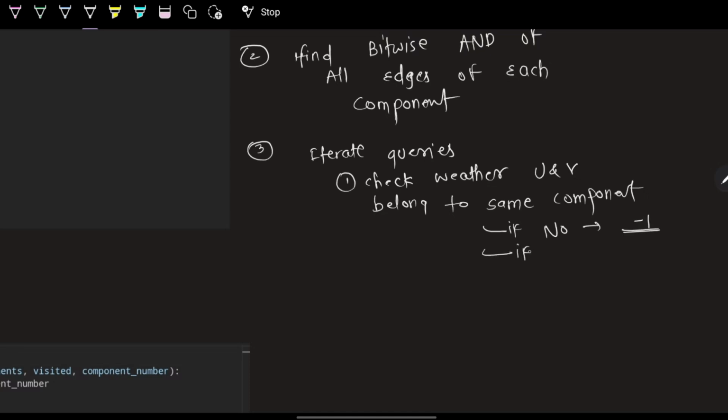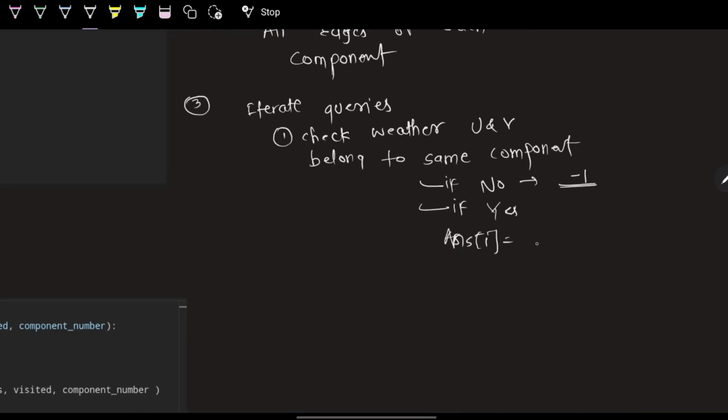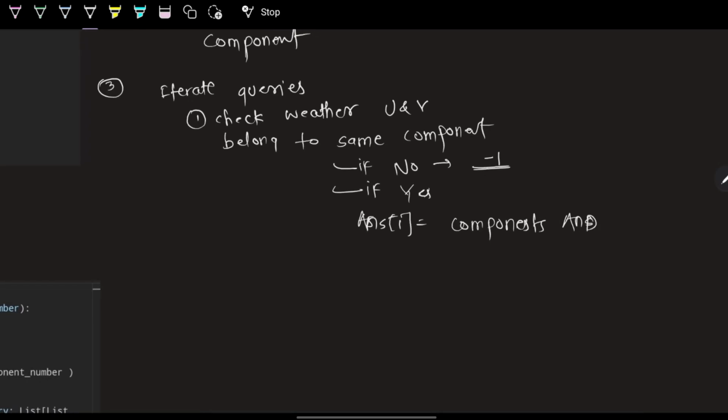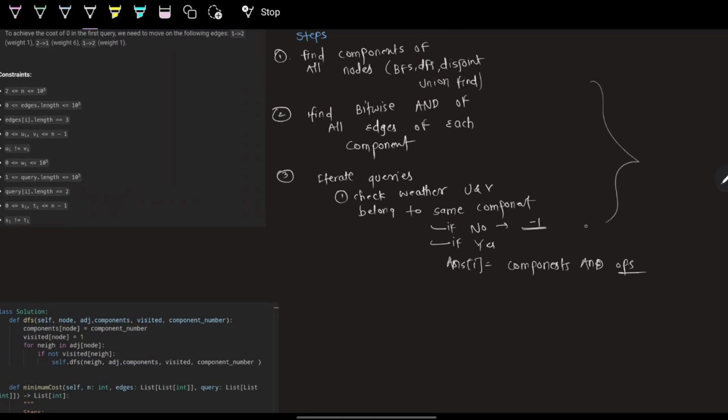If yes, then the answer of i, for that query of i, would be whatever AND operation we have calculated for that component, and this is how you can solve this problem within 3 steps only. So I hope you got the intuition for this problem.